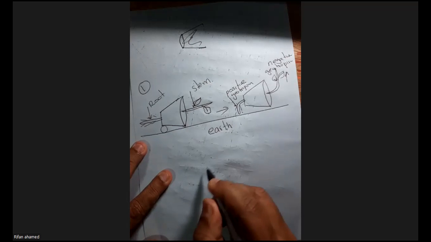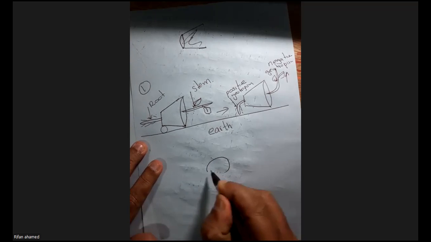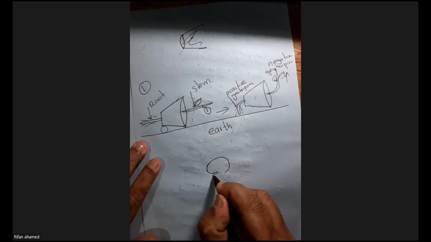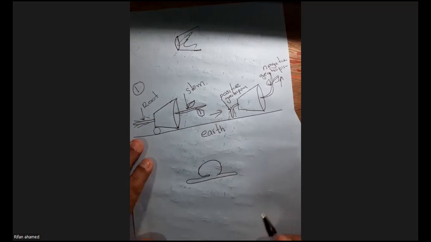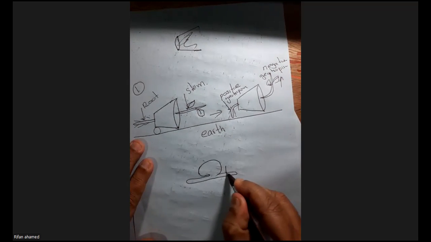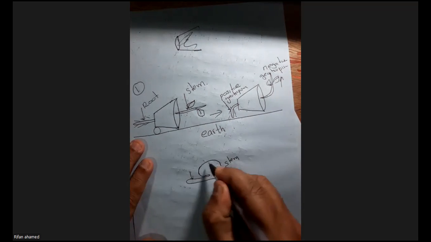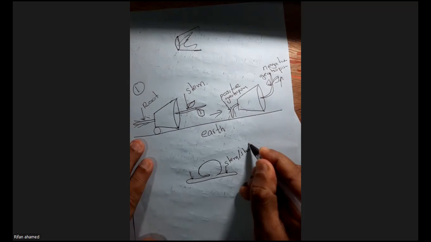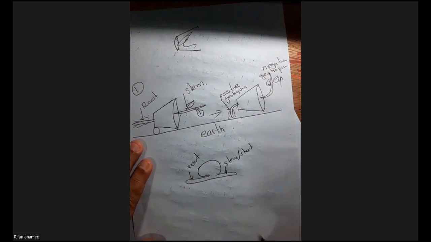Another example, you can do this one with a seed. When a seed germinates, a root and stem will come. Say this is the stem or shoot, and this is the root.